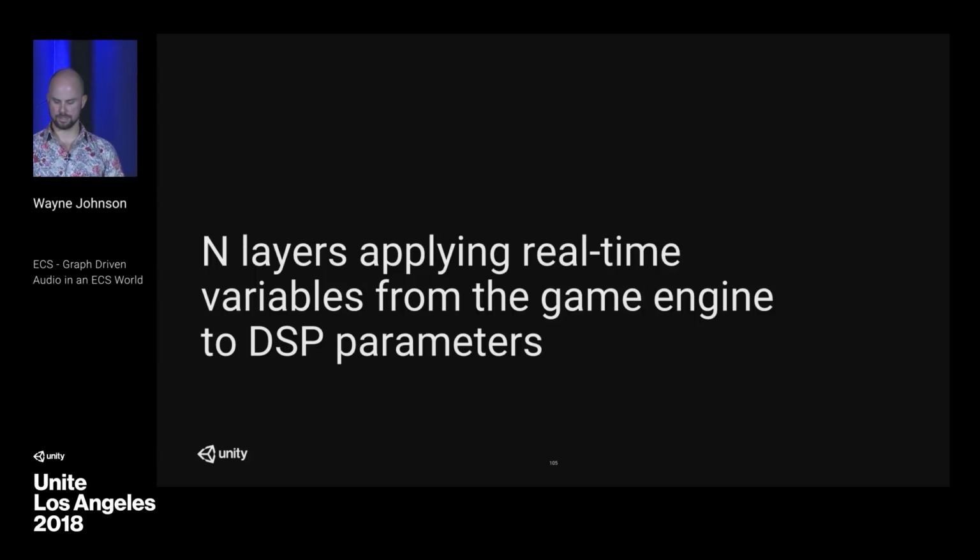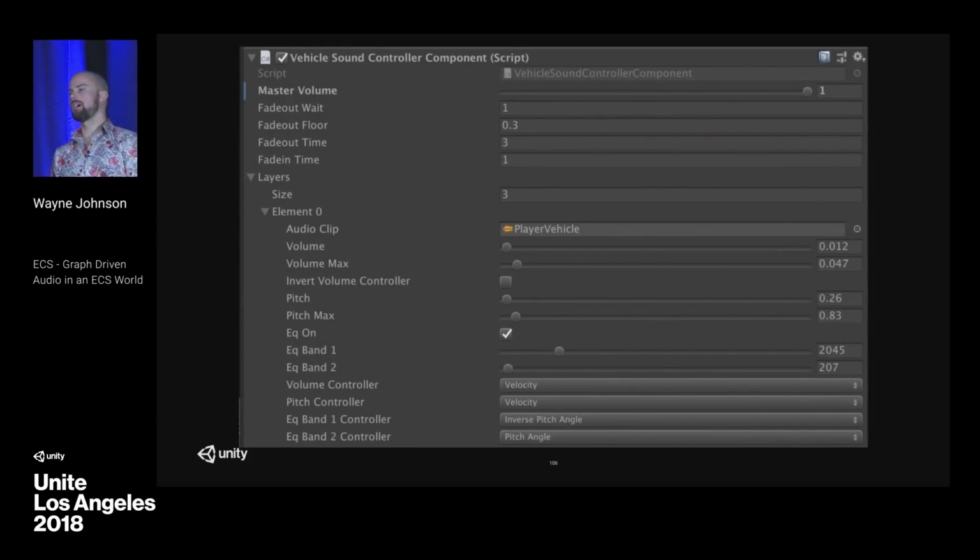So what we built was a system where you could define a bunch of layers or elements. Each one of these layers defined a playing clip in terms of a part of the car's engine soundscape. You could define a bunch of different volume automations, pitch automations.